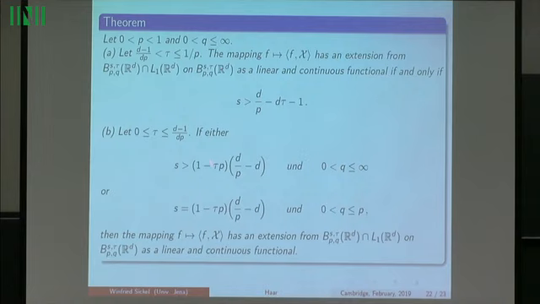So tau is restricted to [0, 1 over p) for certain reasons. Then this means that this quantity here is between 0 and 1. So it's a weaker condition compared to the original condition for Besov spaces. So it's a weaker condition than s strictly larger than d over p minus d.